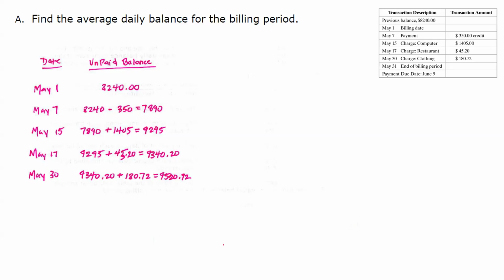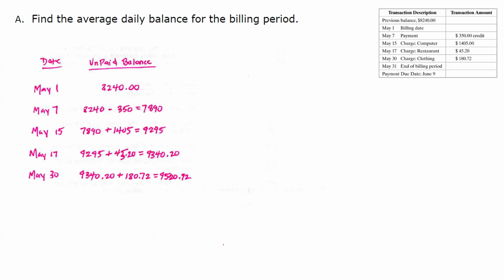May 17th, I added more. I went out to eat. And May 30th, I also added more. I purchased some clothing. So my total unpaid balance was $9,520.92.